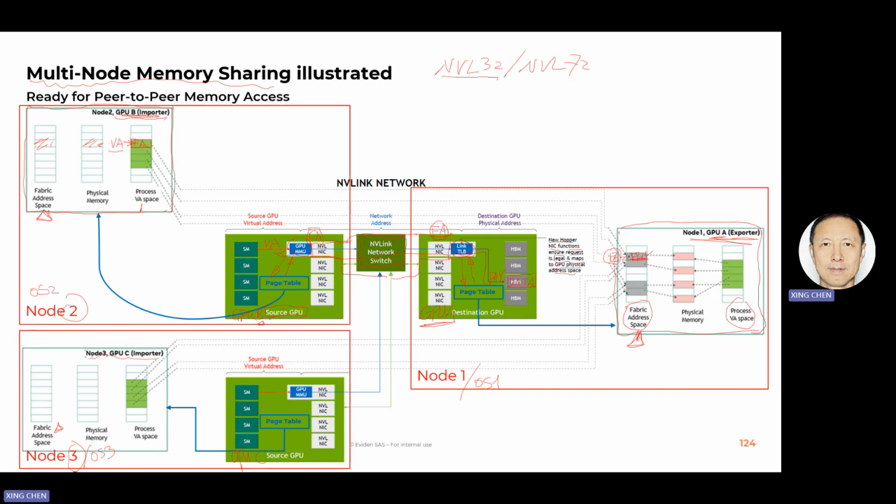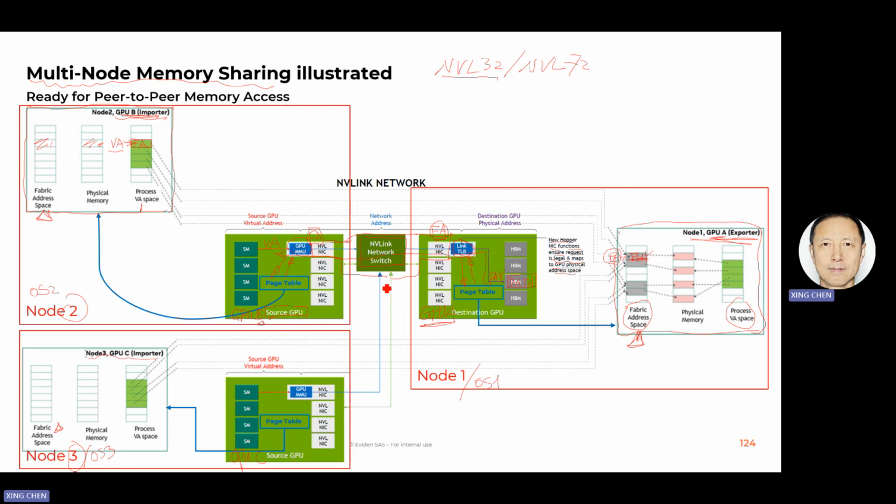Between the two entries, the only relationship is that the fabric address stored in this page table refers to one fabric address, which is in this fabric address space. There is no other relationship between the two.